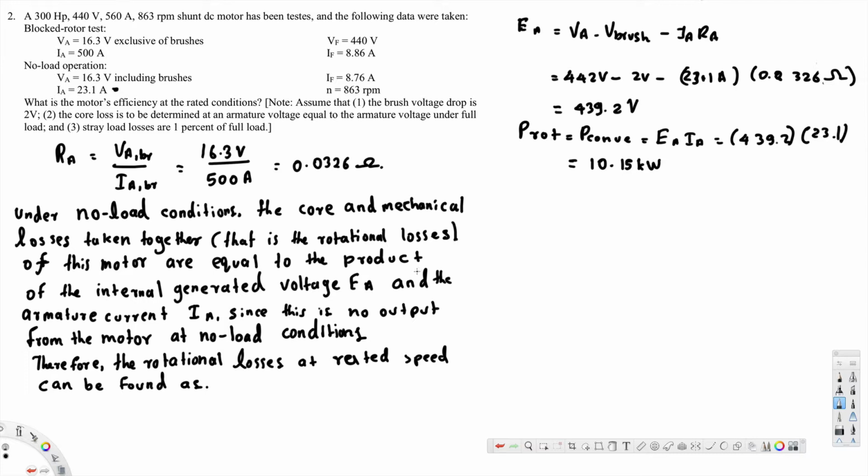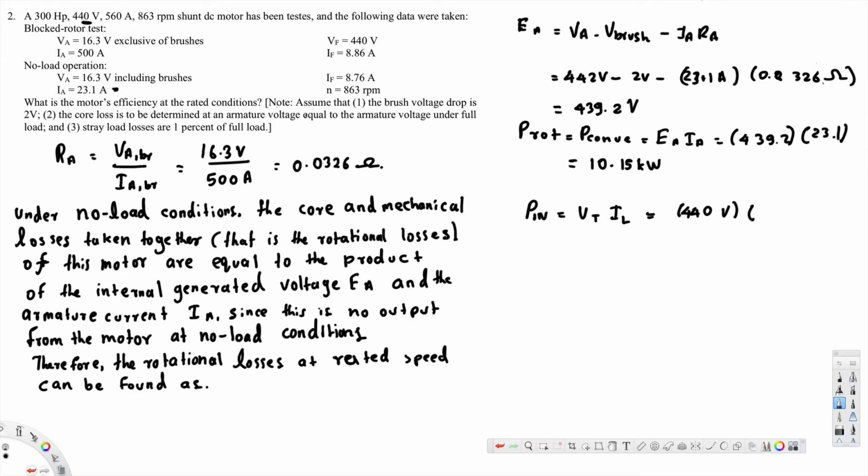Now the input power to the motor at full load is P in, VT times IL. VT is given 440 times IL.